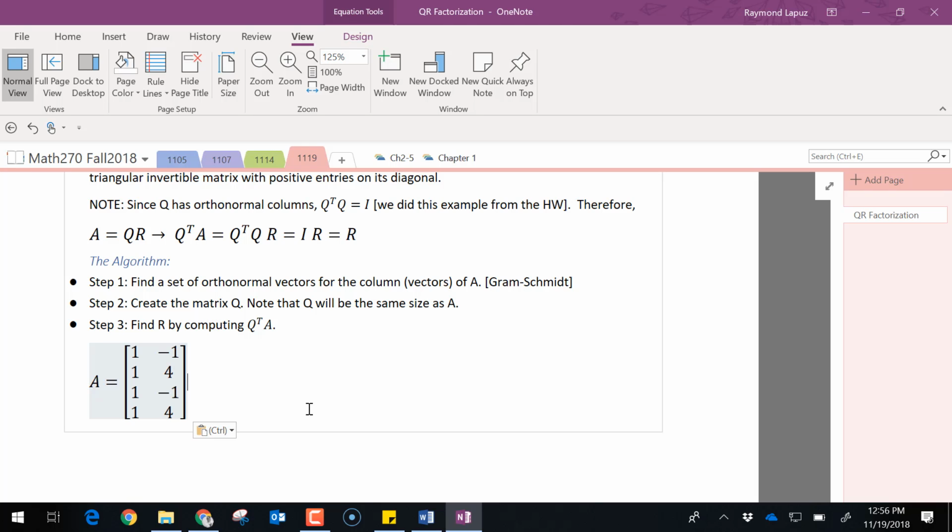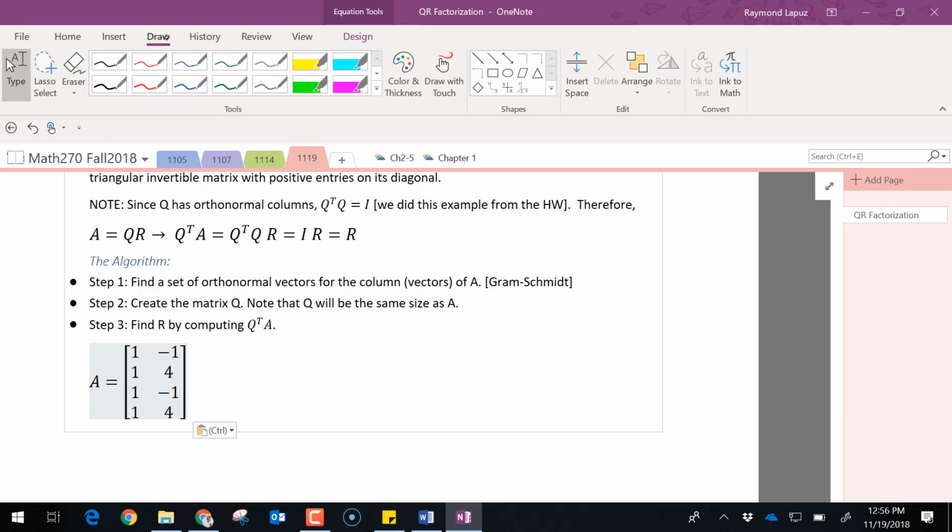So we can rewrite that as x1 and x2, at least that's what we called it. Suppose the columns are minus 1, 4, minus 1, 4. So that's x1 and x2.